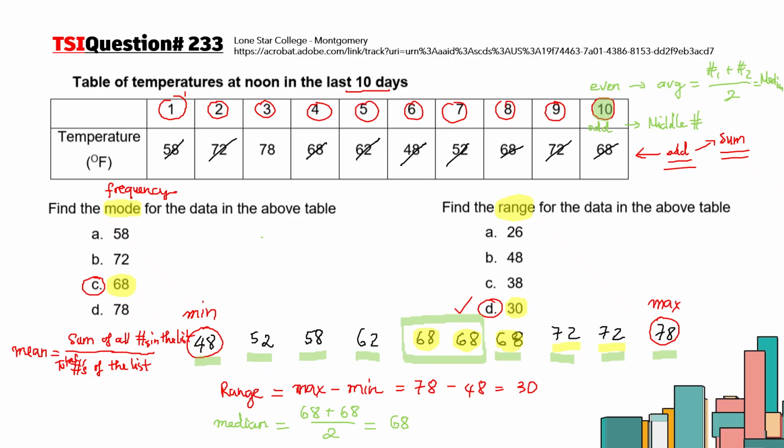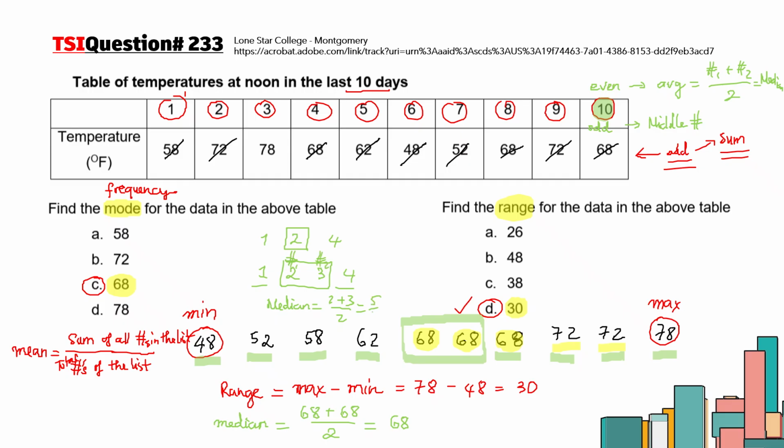For example, if you have 1, 2, 4, that is odd. You see that the middle number is 2, only 1. But if you have 1, 2, 3, 4, now you see that the middle numbers are the 2 and 3 right here. So you find the average of those. That is the median. 2 plus 3 divided by 2. This is the first number and this is the second number.